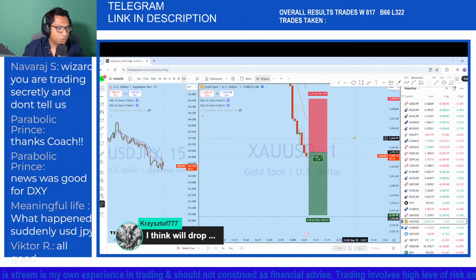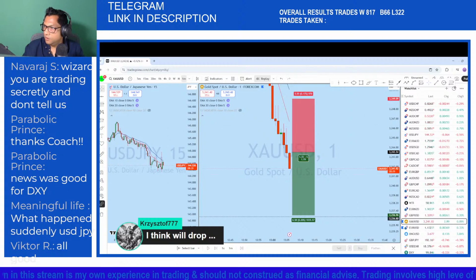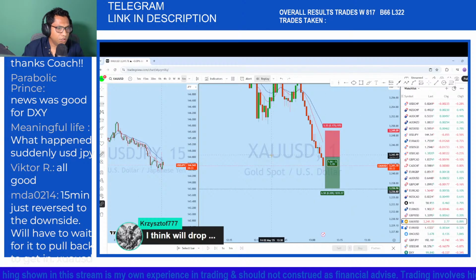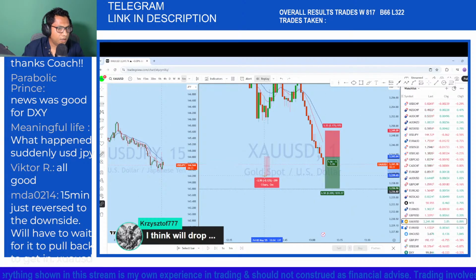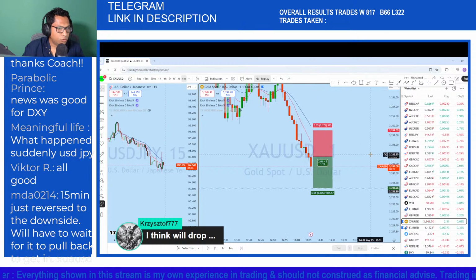If the market drops to that level, this is how trading works. We need to catch that move, expecting it to drop to the daily support.